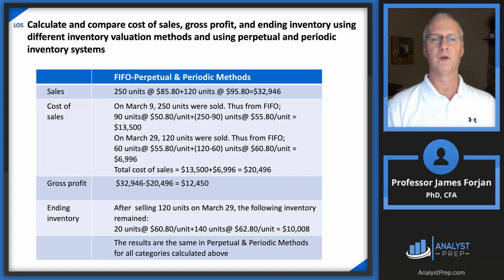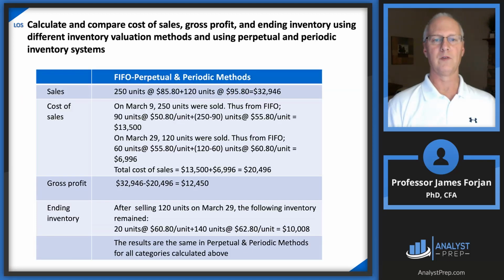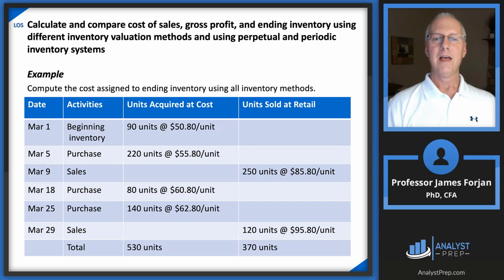But how about the cost of sales? All right, so notice what's happening here. We sold 250 on March 9th. And so what we did is we assumed using FIFO that we sold all of those 90 units. All right, so watch this. So 90 units at the $50.80. So that's our first layer of inventory that goes out. And then we didn't sell all 220 on March 5th because we only sold 250.